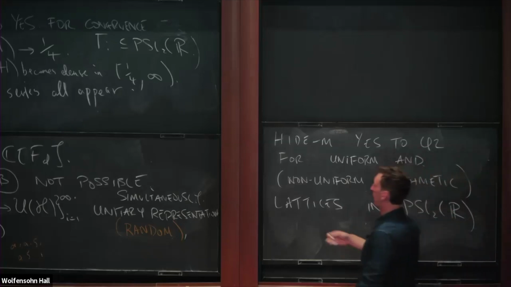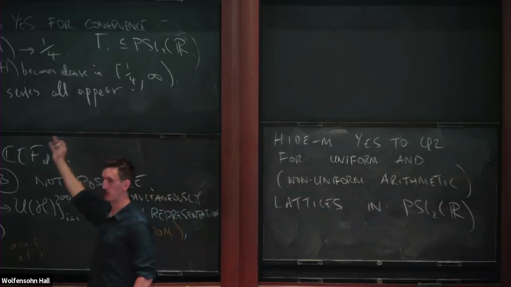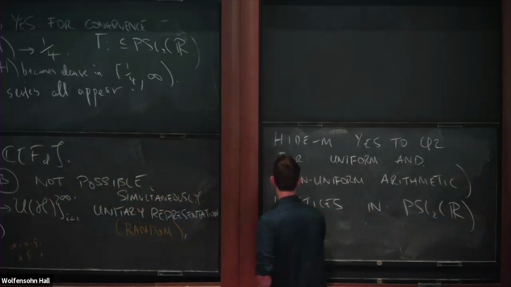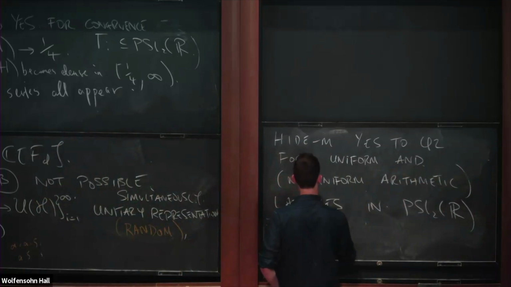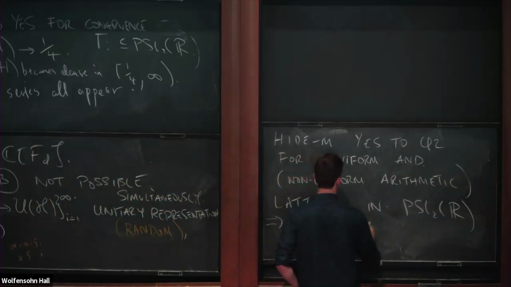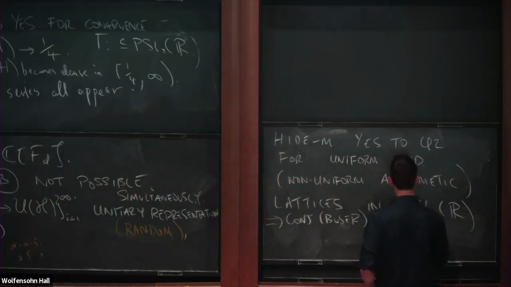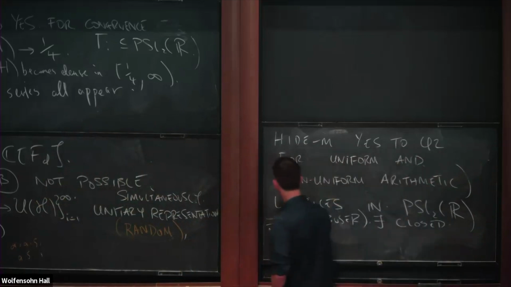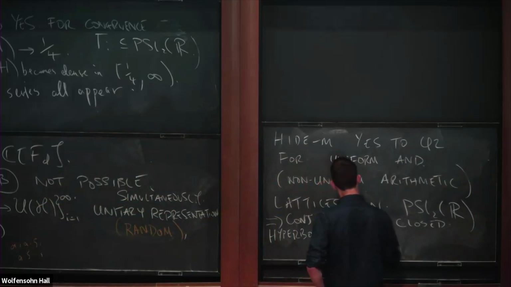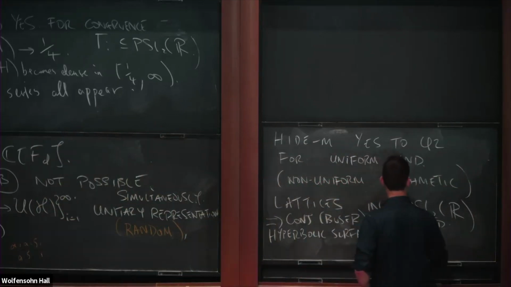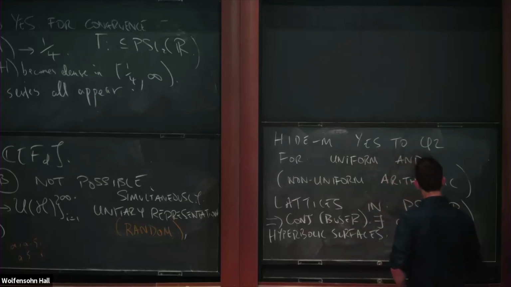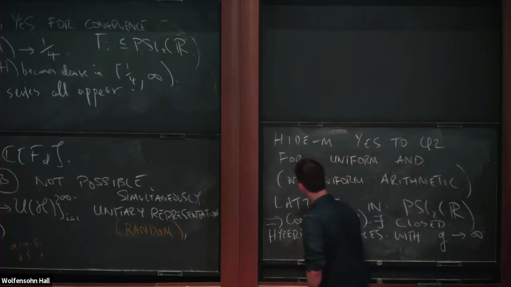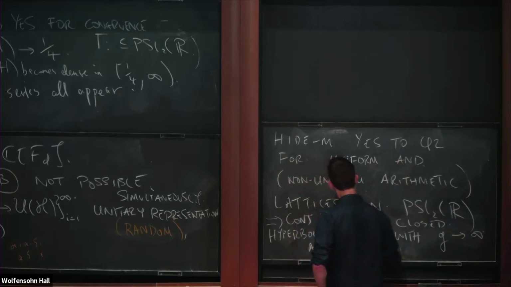Because of the spectral characterization of strong convergence, this implies a conjecture due to Buser, that there exist closed hyperbolic surfaces with genus tending to infinity and lambda_1 tending to 1/4, which was not known before.